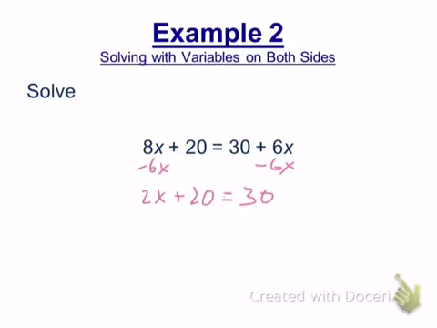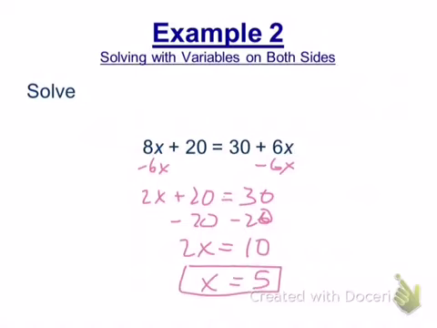And then we're going to continue our quest to get the variable by itself. Now I'm going to subtract 20 from both sides. That's going to give me 2x equals 10. X equals 5. Okay? So that's the solution.